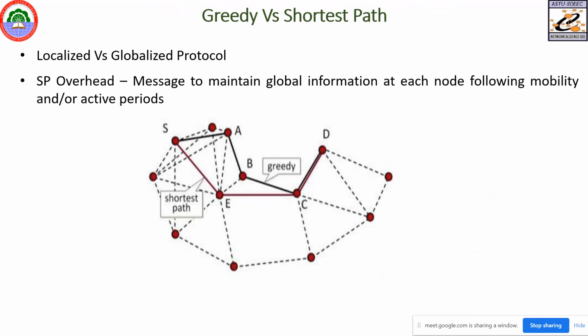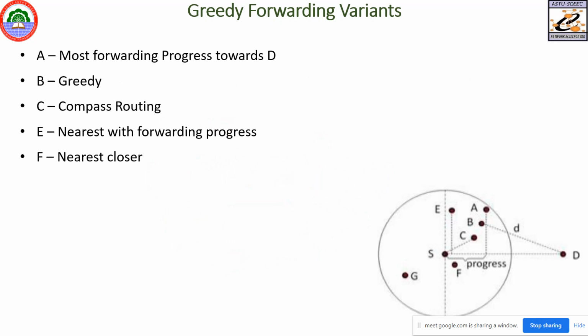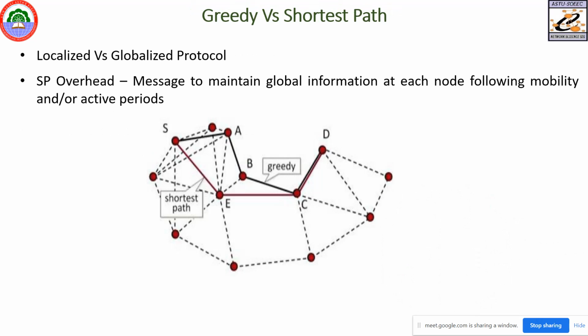So they are the variants. We will discuss later. So what is the difference between the greedy algorithm and the shortest path algorithm? As we can see from this image, for the localized as well as globalized protocol, we have the greedy variants A, B, C, E, F, and the shortest path variant.